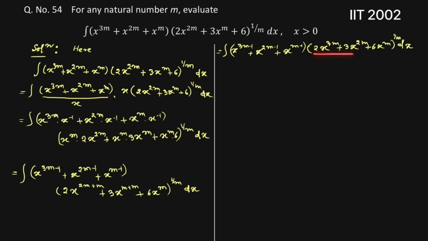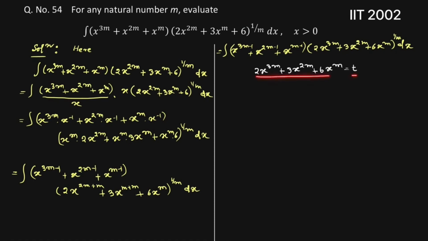Now we take this be t. So 2x to power 3m plus 3x to power 2m plus 6x to power m equal to t.